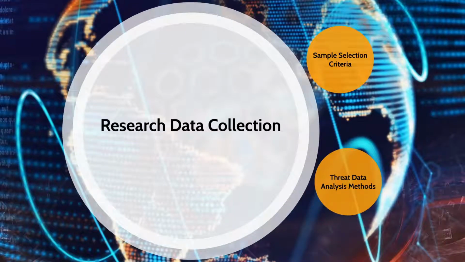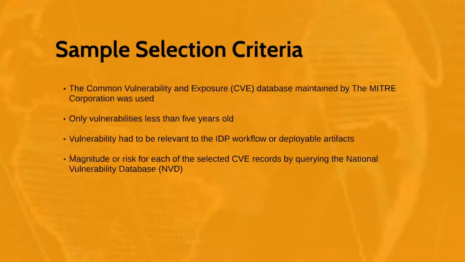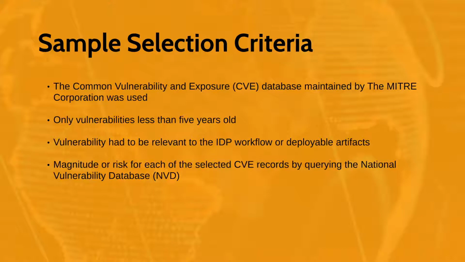The research population is the group of all cybersecurity vulnerabilities. A cybersecurity vulnerability is a defect in an information system that leaves the system open to an attack vector. To be authoritatively recognized as a member of this population, the Common Vulnerability and Exposure, CVE, database maintained by the MITRE Corporation was utilized.